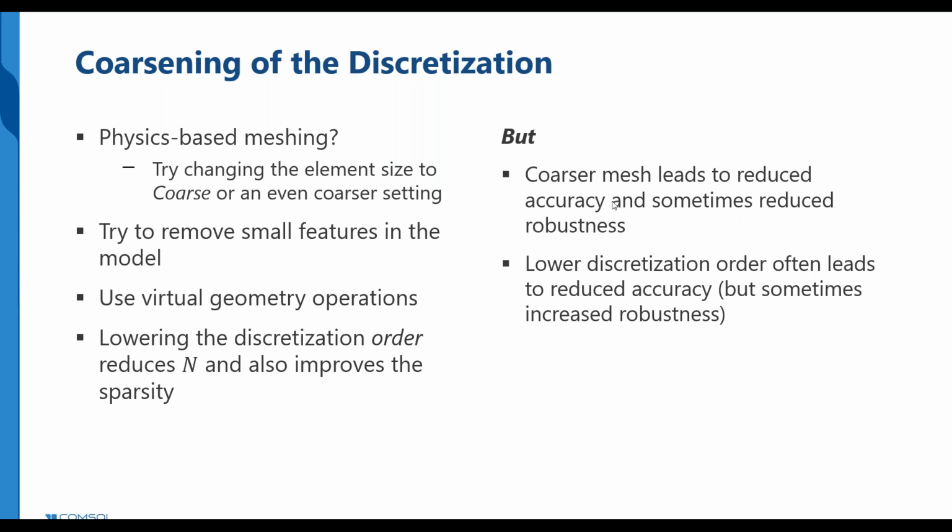For instance, if the physics you are working on requires a certain resolution, that's important for sensitive nonlinear problems. Lower discretization order is often a better way to start, since it can even increase the robustness. Many sensitive problems come from the fact we're using higher order discretizations. CFD is a good example, but CFD already uses lowest order discretization, linear. So in that case, the last option is not there for CFD.